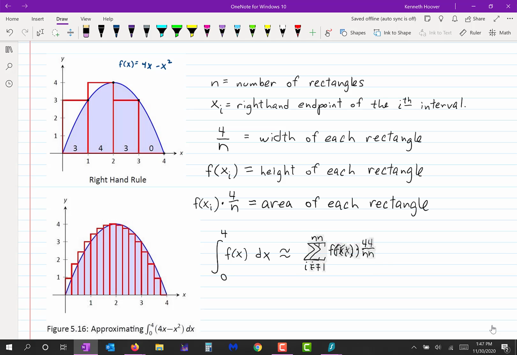Let me bump this over, and let me throw in here at the beginning the limit. That's not very neat. Let me do better. The limit as n goes to infinity. And then instead of an approximate answer, we will get an exact answer. Okay? Let's work this out and see if we get the correct answer.